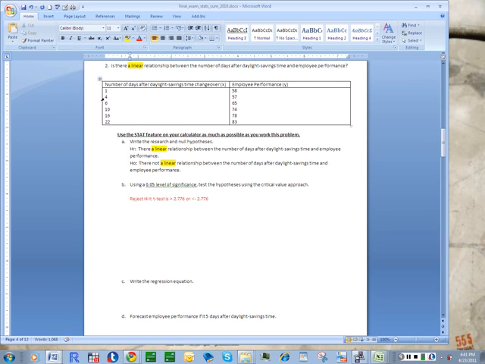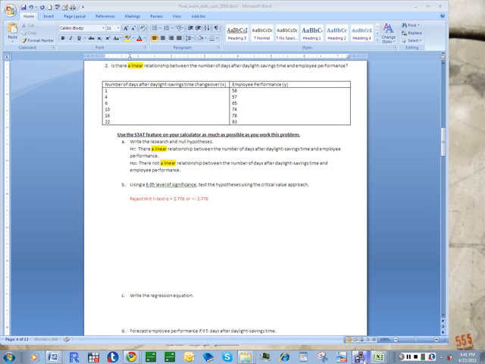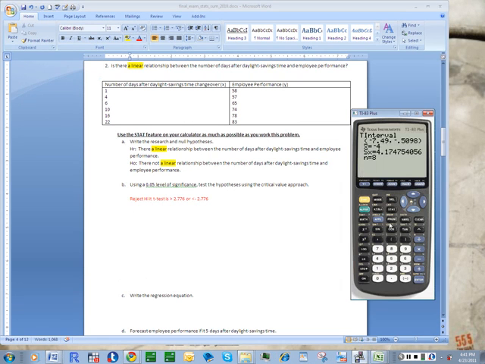So now is where we'll use our calculator and stat edit. I'm going to go over here and put the numbers in lists 4 and 5. Still have my numbers in there for the other one if I wanted to go back and check.